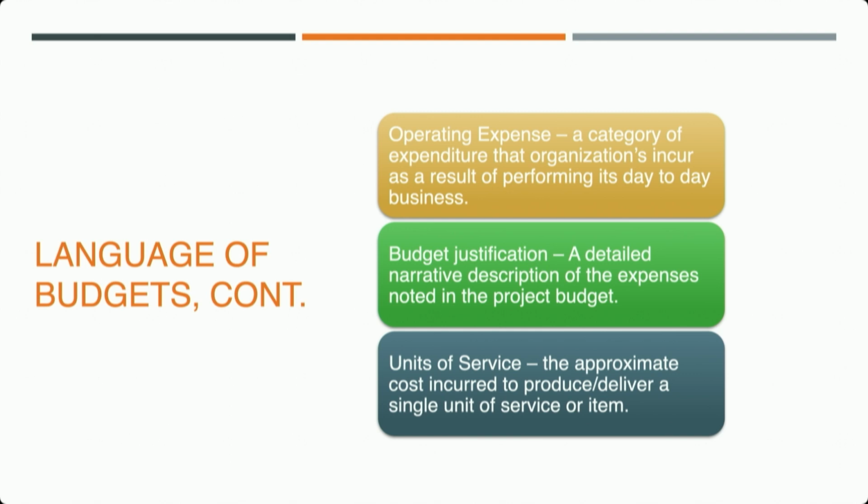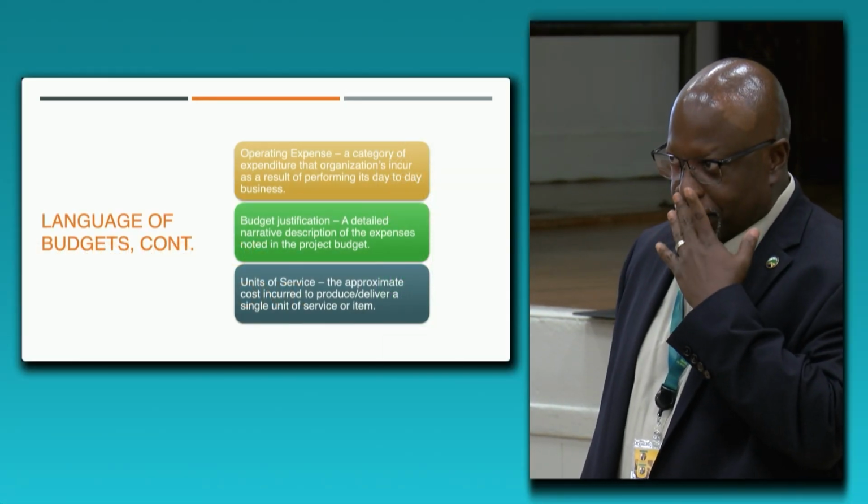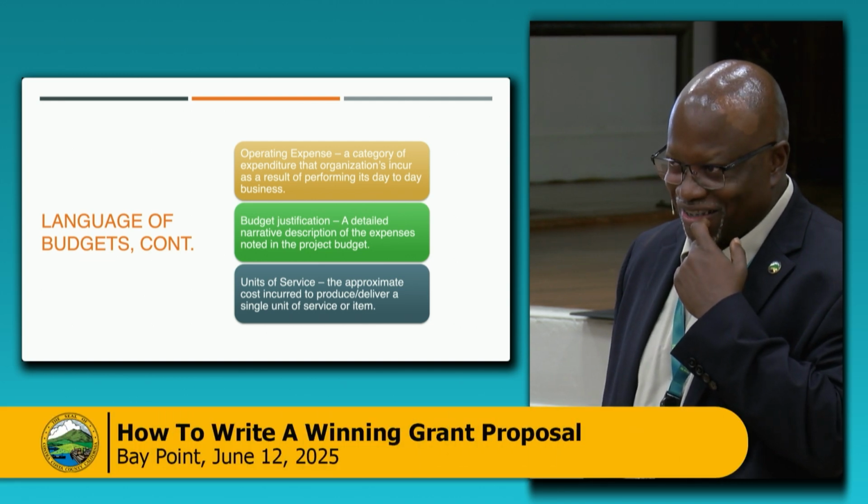Budget justification. In a sources and uses budget, every line item must have a separate description telling what that line item is. That's called a budget justification or a budget narrative. Let me explain what I mean. Under personnel costs, you can have a line item in a budget that says 2.0 FTE for staff, but there are actually 4 people working.